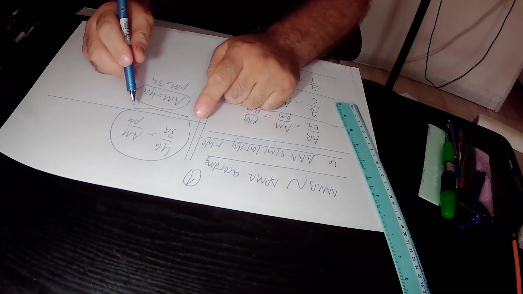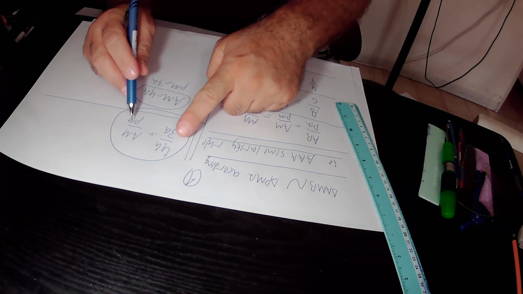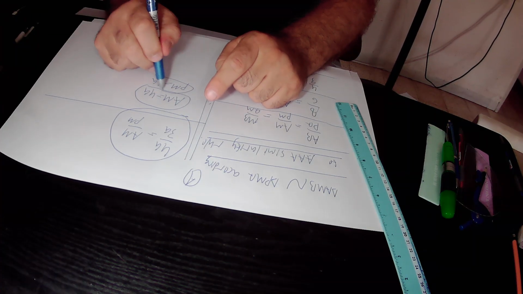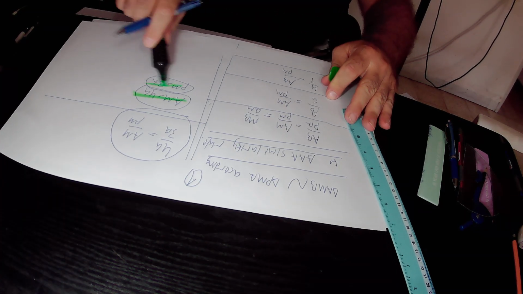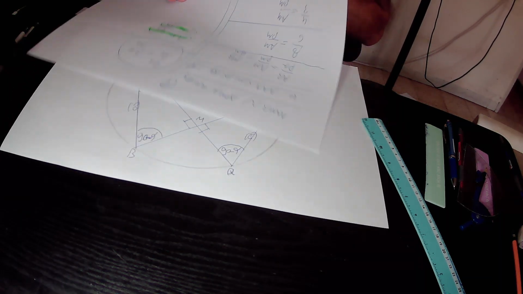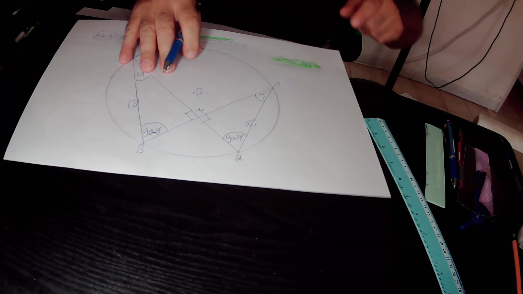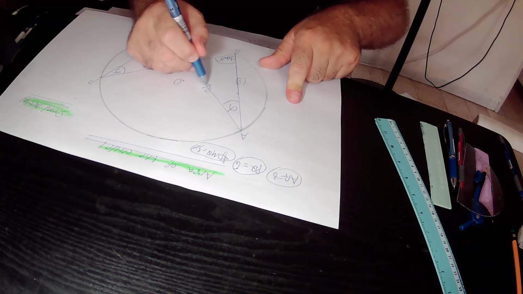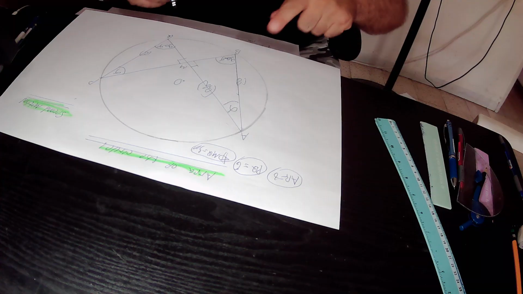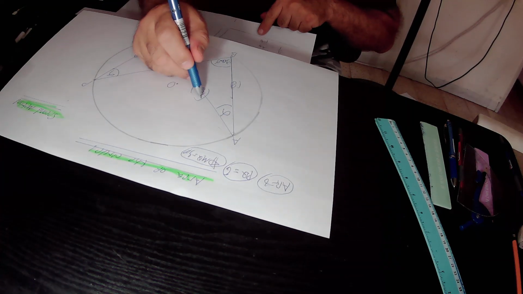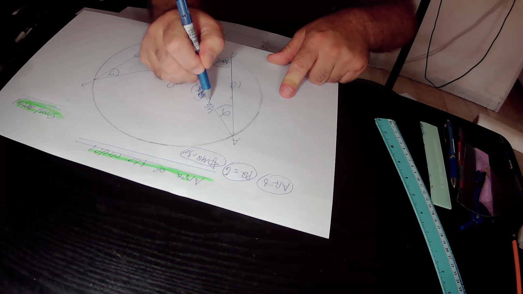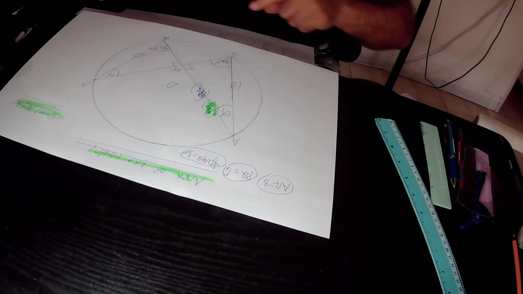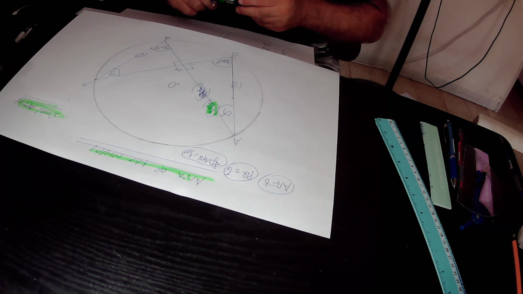So we found out that if AM equals 4A, then PM must be equal to 3A.